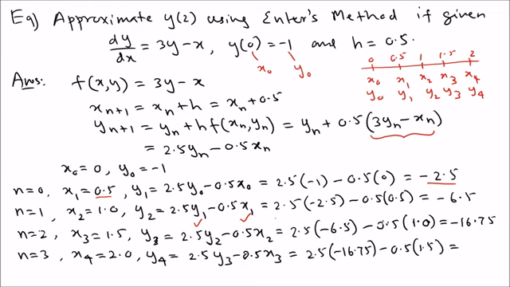If you use a calculator, you're going to get negative 42.625. But this method is not very accurate, so you don't need this many decimal points. We normally leave just one decimal point. So that means your y at 2, which is y4, is approximately equal to negative 42.6. Okay, so you can see it's not that difficult.